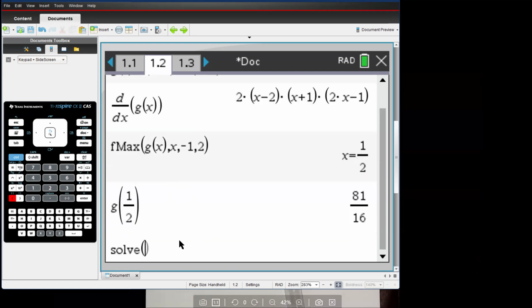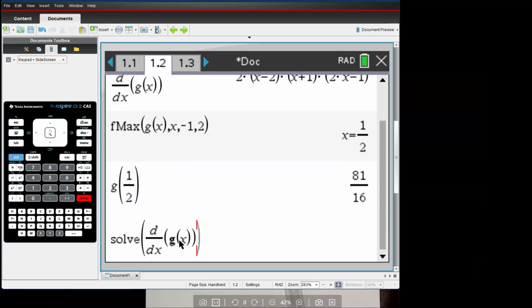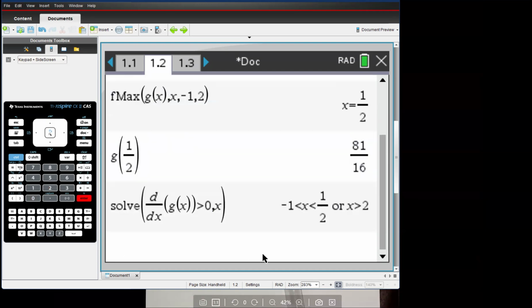Next thing is if I solve the derivative greater than 0 for x, I should be able to get 2 sets, and I convert them into a suitable interval form. And lastly, I've got the 2 x values for the tangent line.